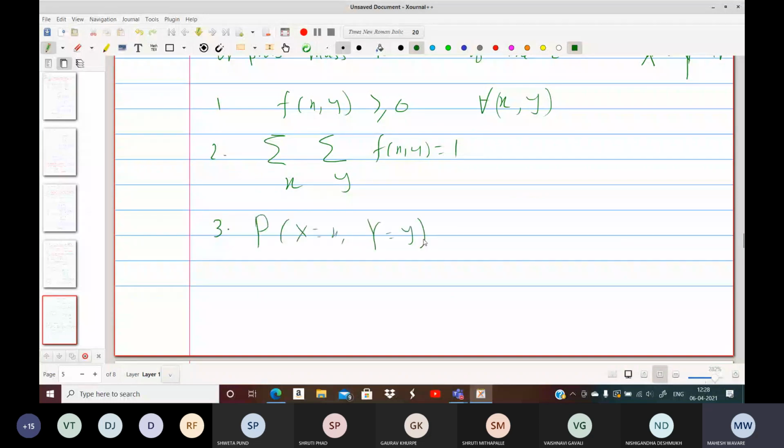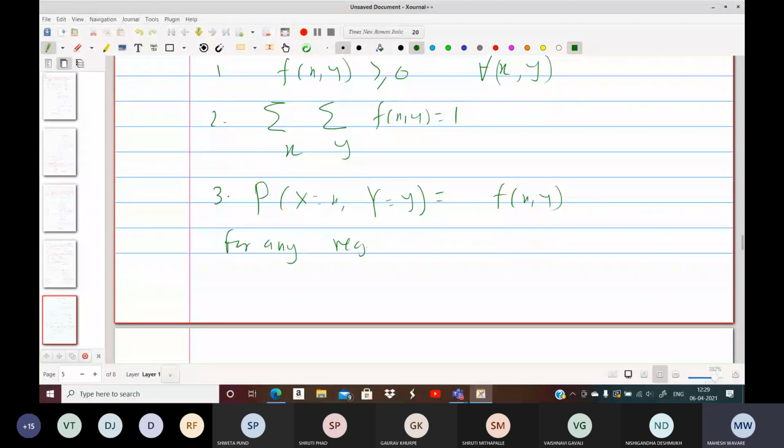One more thing you can add in this third condition: for any region A in the xy plane, it is discrete, not continuous. The probability of all those x, y in the region A is nothing but the summation over the region A of f of x, y.